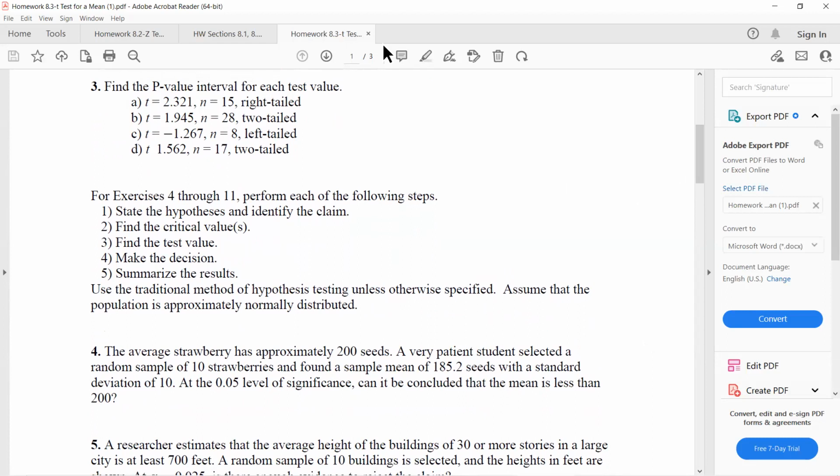So again, we're not going to have drawings necessary for step 3, but I want to show you what this looks like. So we're on a T distribution. We're going to assume that it looks something like this. They're going to look a little bit different, but we're going to assume it looks like this. And the test statistic is 2.321. So that's going to be somewhere over here, let's say. Do I draw the graph?